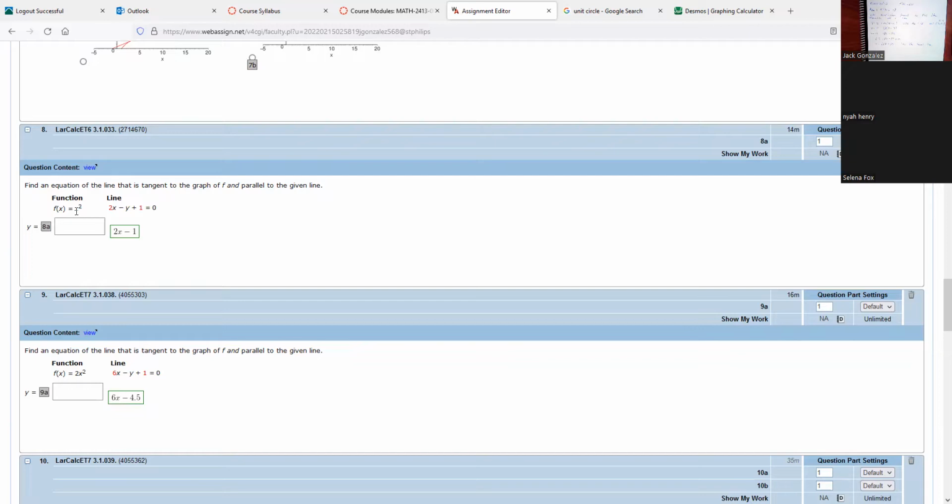The first thing we've got to do is solve for y on that random line that they gave us. Once we solve for y, we will know the slope and the intercept, right? So that means we can find the slope without doing any calculus, I should say. Find the slope by doing algebra.